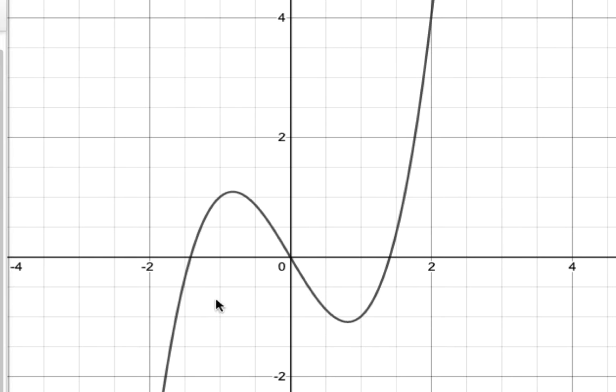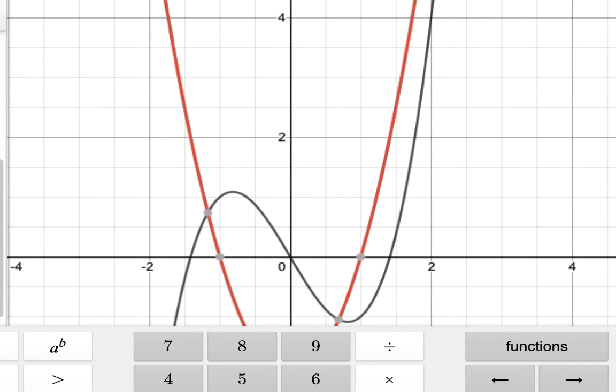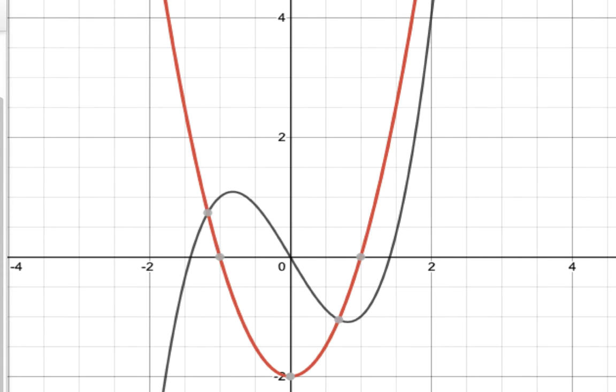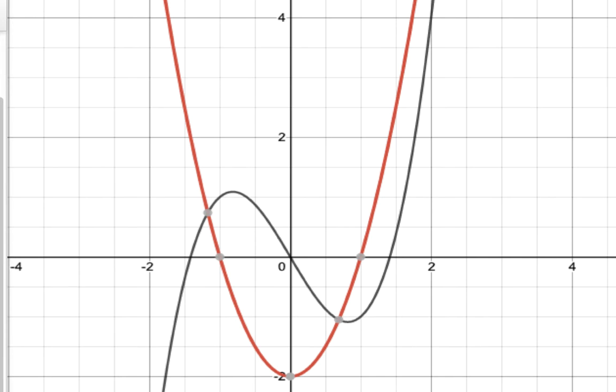Now clearly this is a cubic function, you see that. If I differentiate, I'm going to do it right now and show you how the graph looks. It's 3x squared minus 2. So notice the graph of this derivative is 3x squared minus 2. The original graph, which was here in black, x cubed minus 2x, is the cubic function. But the derivative is a quadratic function. Okay, so they are actually functions.